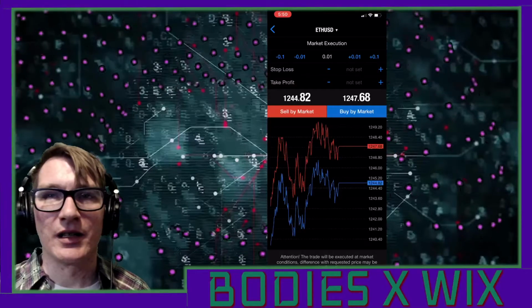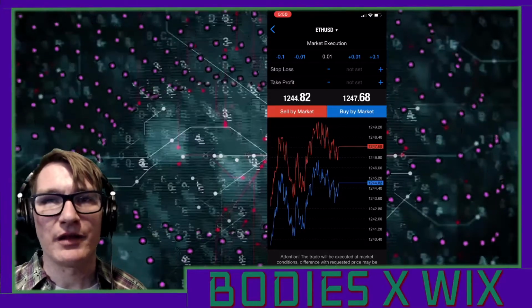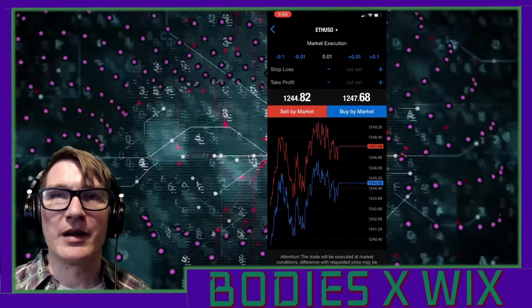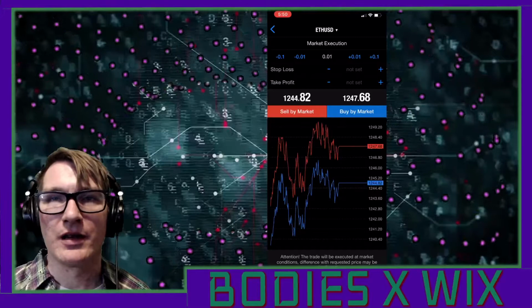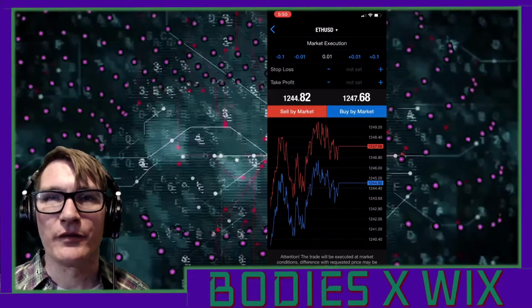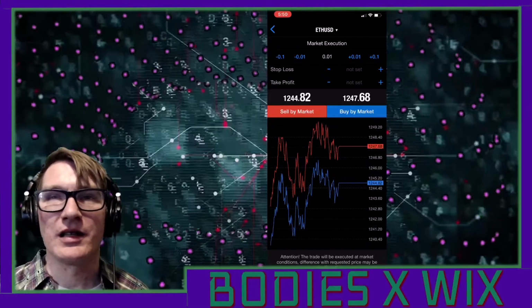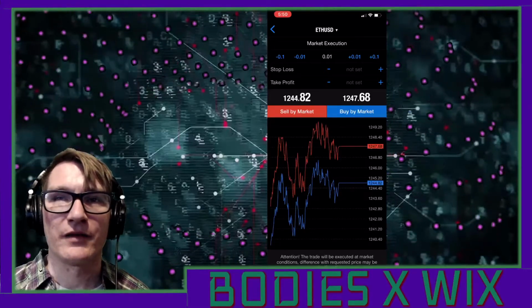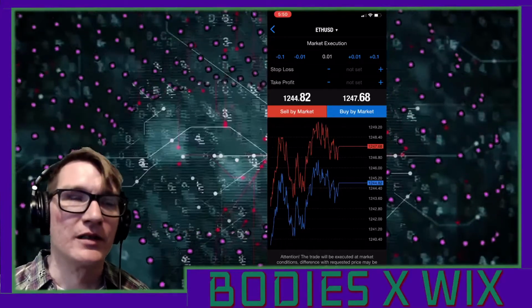If it goes from 142.53 to 142.63, then you have made 10 cents, meaning that if you go from 142 to 143, then you have made $1, because each 10 cents, times 10 would be $1.